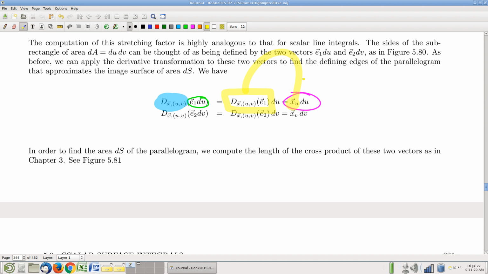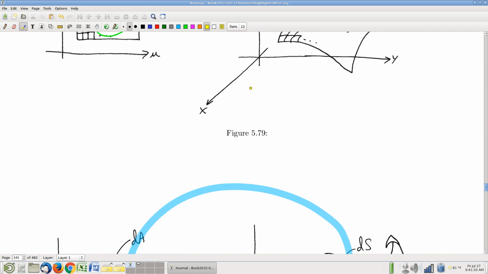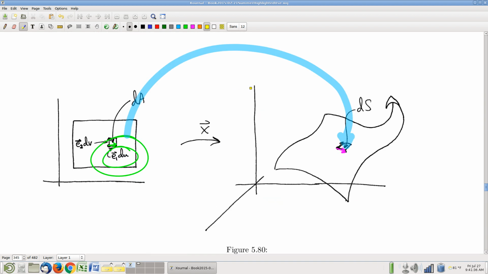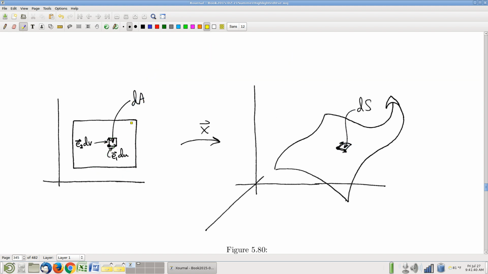Anyway, partial derivative section. So, okay. So, input green vector, apply the derivative transformation, output purple vector, xu du. So, that's the calculation of what's going on here. Now, apply the same thing to the second input vector. This second input vector goes in the E2 direction and has length dv because this rectangle has height dv. So it's E2 dv.